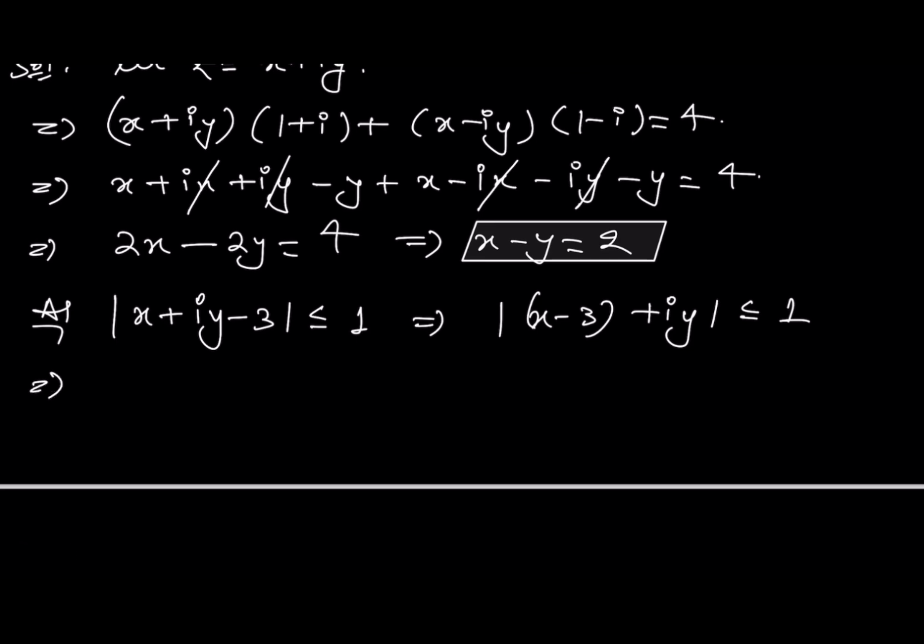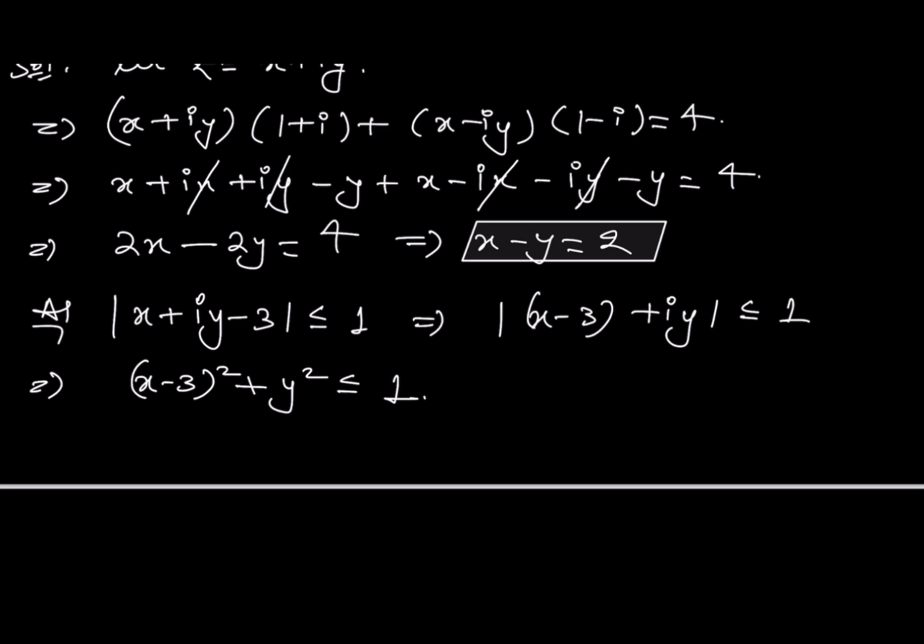So this will be (x minus 3) whole square plus y square less than or equal to 1. So it is a circle, or the interior part of this circle, having radius 1 and center 3, 0.